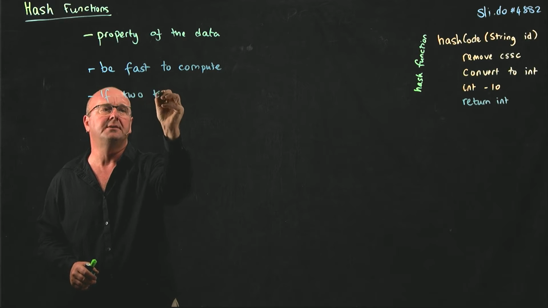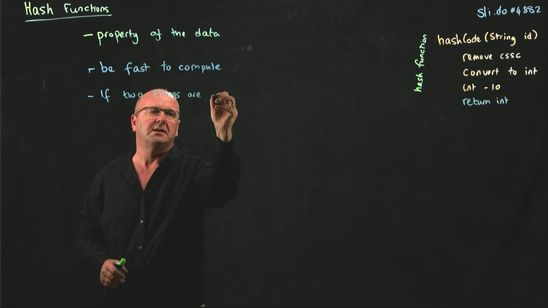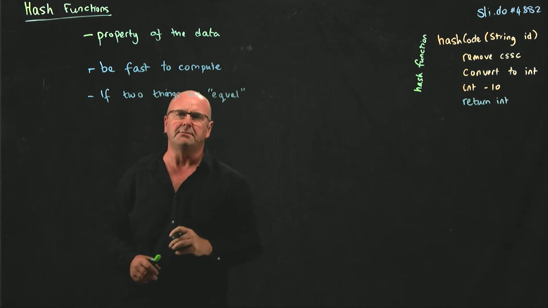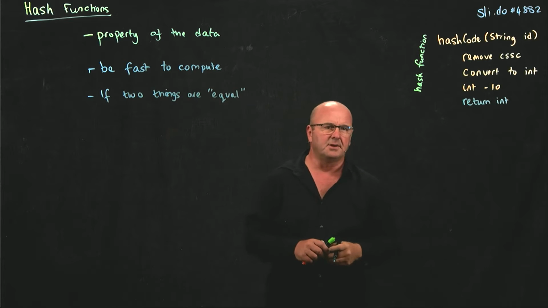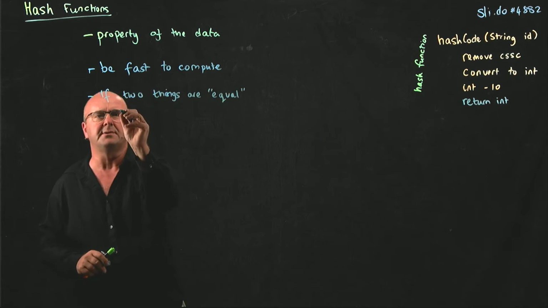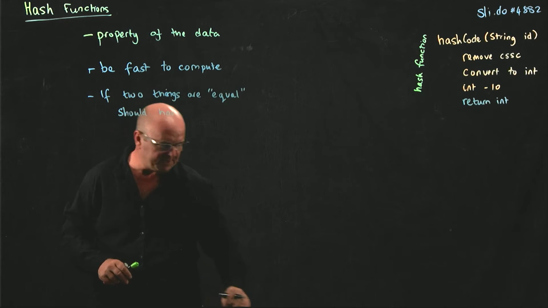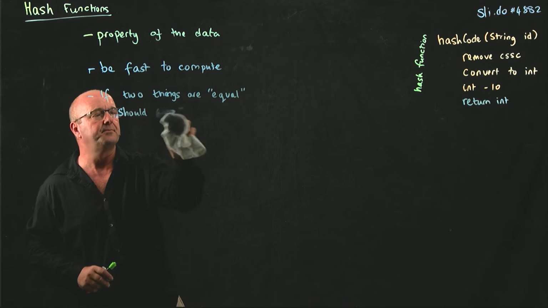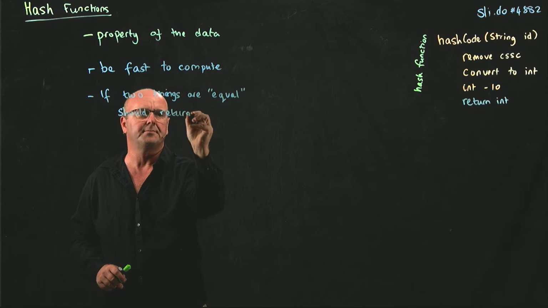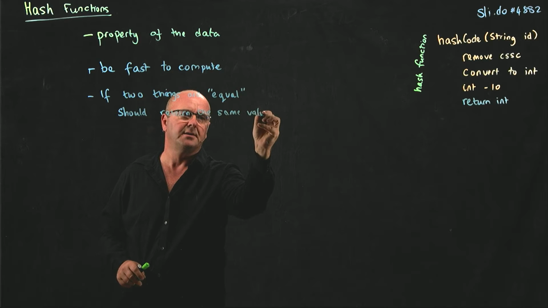If 2 elements, let's say things, are equal, and I'm going to put equals in quotes because I'm going to leave it up to you to determine what equals means. But if 2 things are equal, they should return the same value.